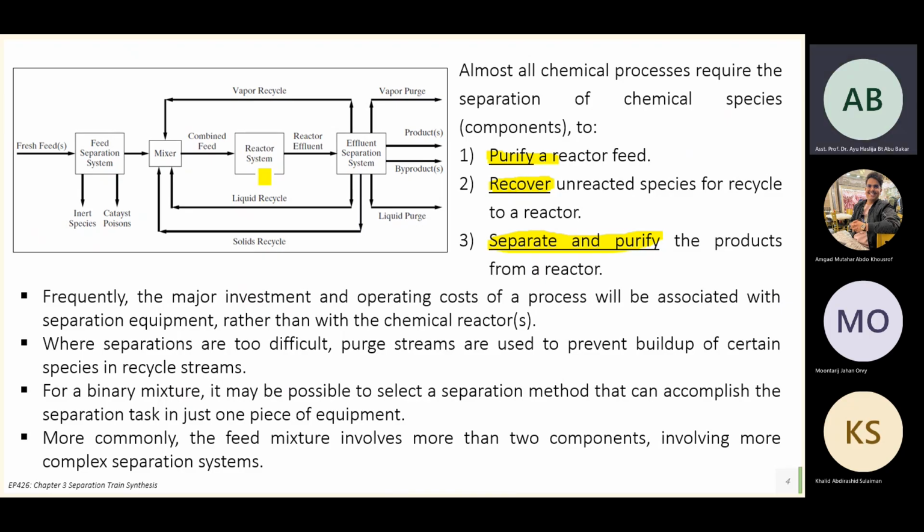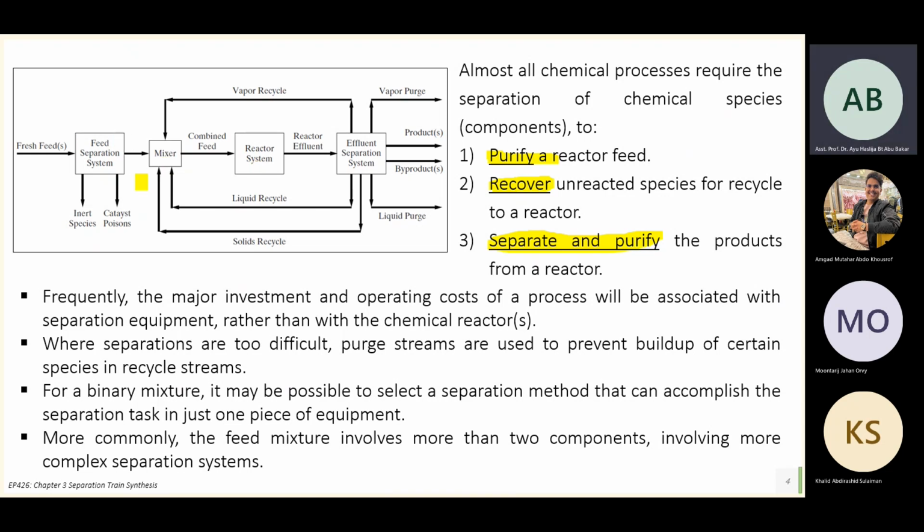Okay, so this is your reactor system. For the feed to enter the reactor system, for a certain feed you cannot simply pass the feed without any treatment. For certain processes, you will need to do pre-treatment before the reaction.